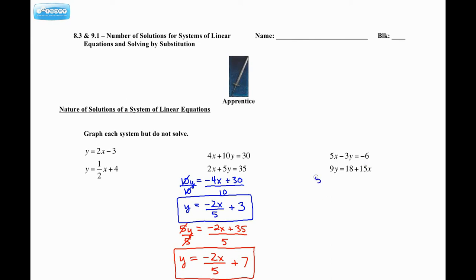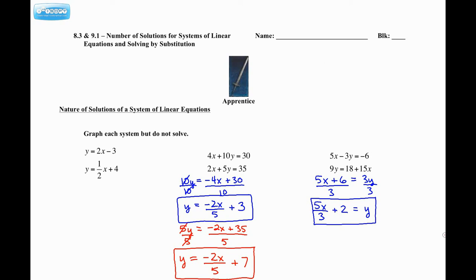I'm going to get 5x plus 6 equals 3y. And then I'll just divide out everything by 3. And I get 5x over 3. And positive 6 over 3 is plus 2 equals y. So that's that one.